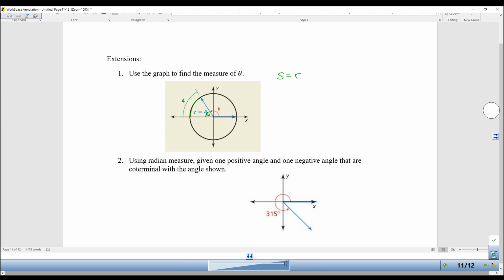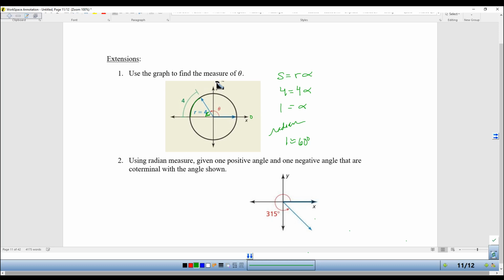There's lots of Greek letters. When you get into more complicated trig, we'll use alpha and lambda and theta and all kinds of things. So let's call this alpha. So 4 is the arc length, and the radius is also 4, and times alpha. So alpha is actually equal to 1. Now remember, we're in radian measure here. So in radian measure, 1 is approximately 60 degrees. Think about this. You're not used to seeing it without a pi.